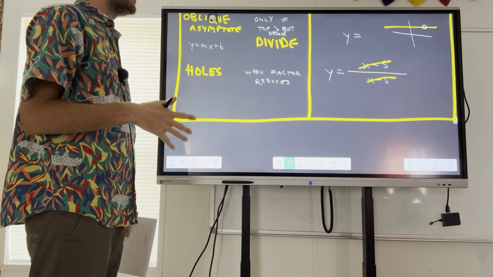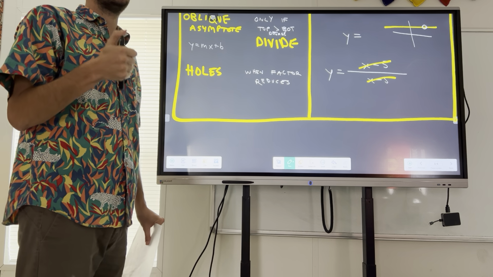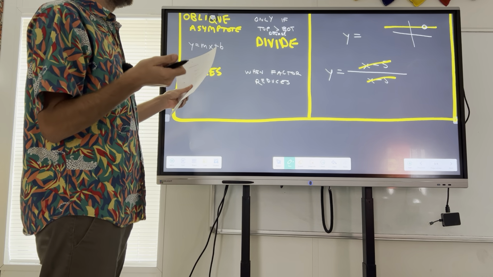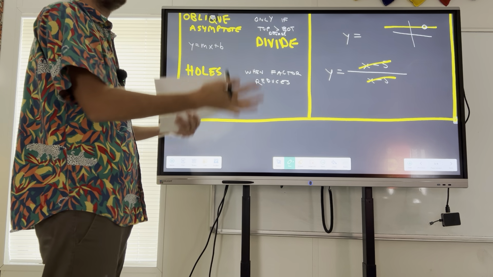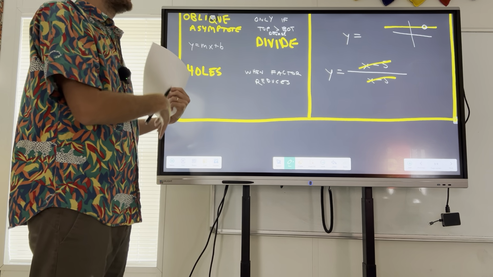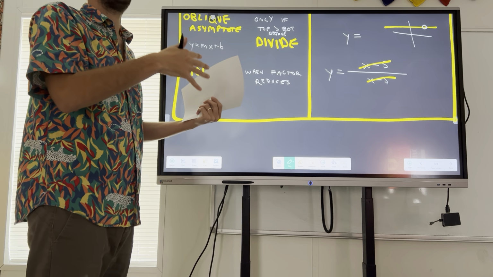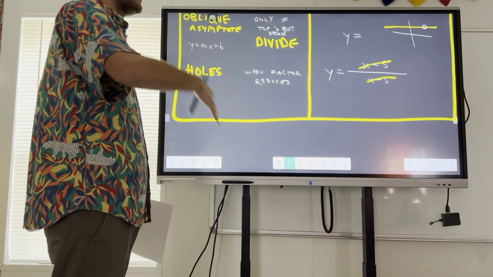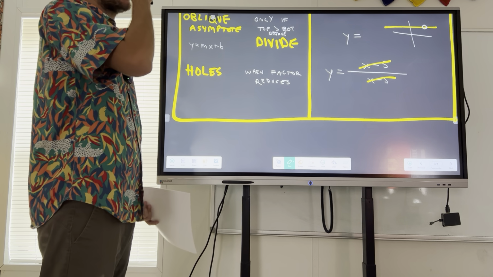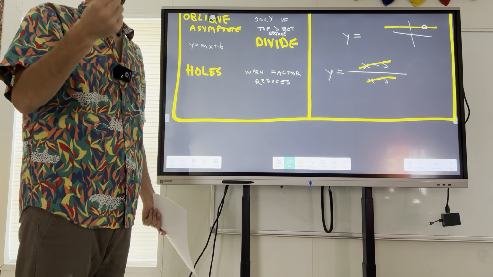On one hand, holes are nice because basically we're able to take a whole exponent and remove it from our graph. The more x's we have, the more complicated our graph is going to be. And so when we start to remove these, it's going to get easier and easier. Now there is one thing that really sucks about holes.